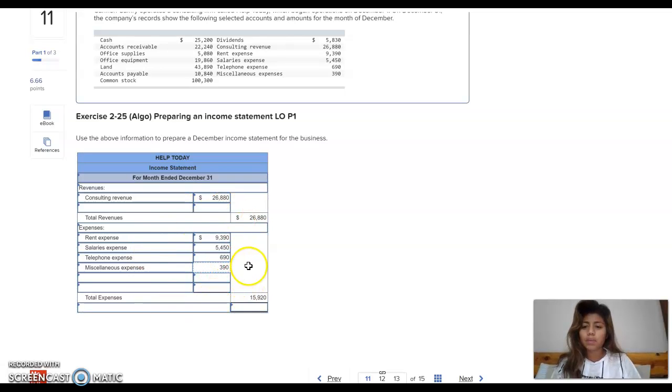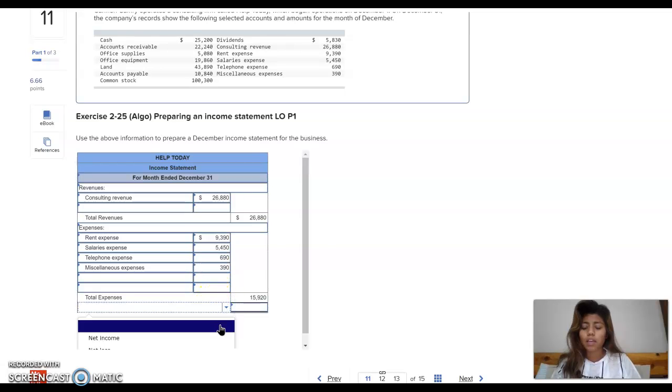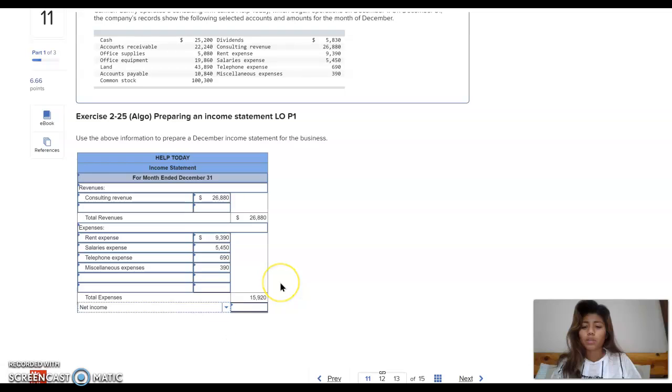So those will all be the expenses for the income statement. At the end, you want to get the net income, which you will do by subtracting the total expenses from the revenue. And that net income is going to be 10,960. There it is. And so that is the income statement.